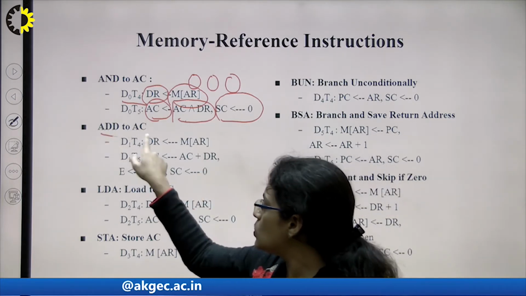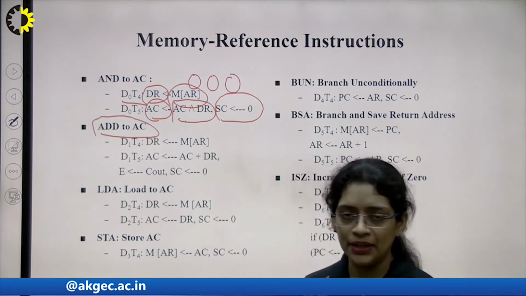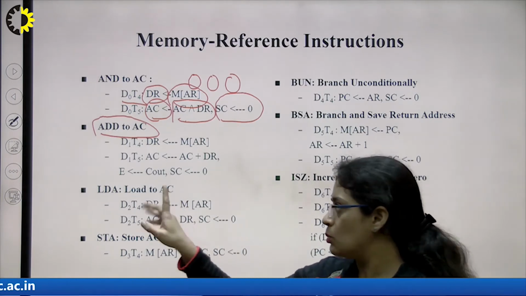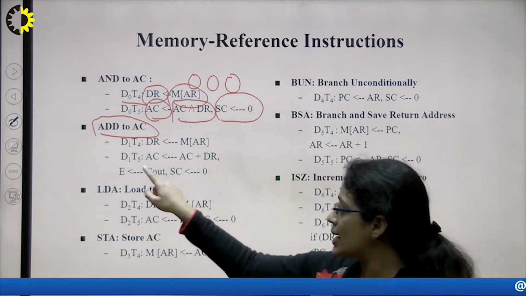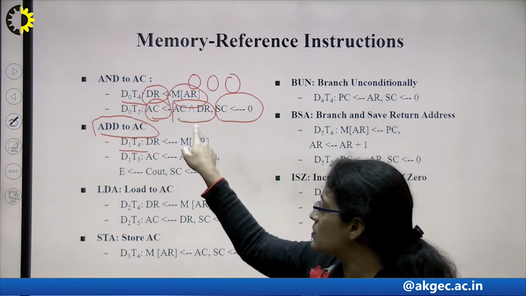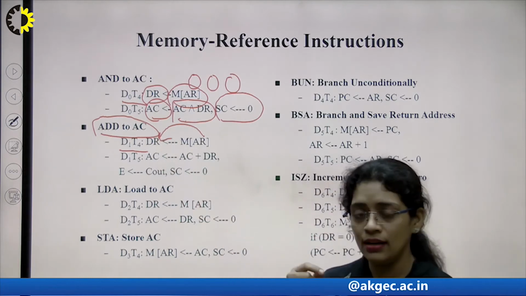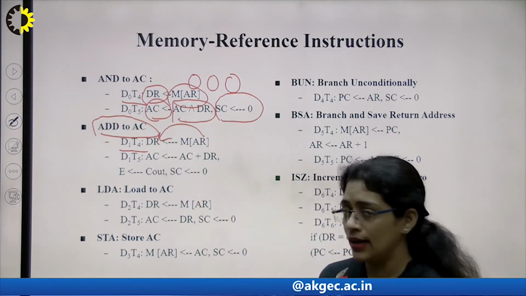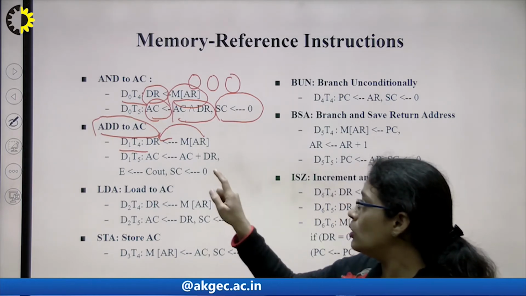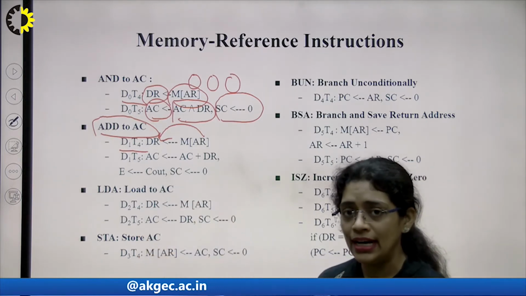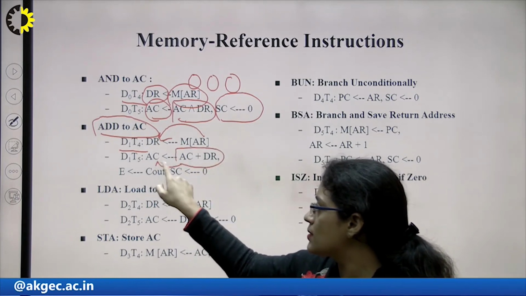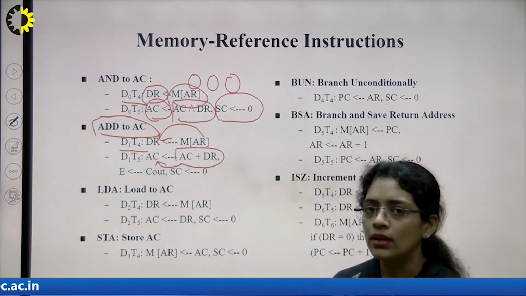Now coming to the next, add to accumulator. The condition is D1, and in this case we perform this operation. At D1 T4, you transfer the content of that memory address to DR. So you have one data in the data register, then you add the DR value to the accumulator and store the result in the accumulator.